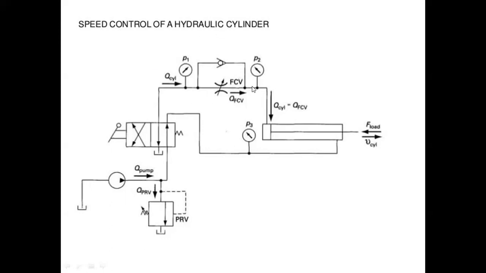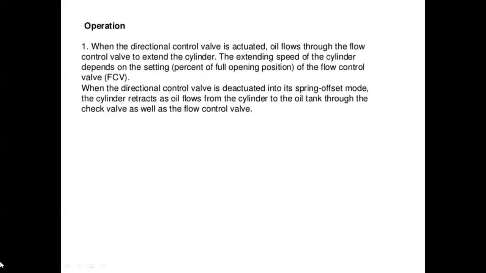See here, in this circuit, at the outlet of the cylinder, the piston side, a flow control valve and check valve are placed. From this, we control the speed of the cylinder. This is the piston rod. When the direction control valve is actuated, oil flows through the flow control valve to extend the cylinder.